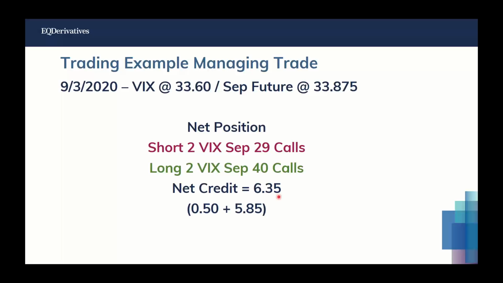What I'm actually going to do is go back and replicate that, basically put together a rules-based situation where I put together a broken wing butterfly based on certain criteria for each of the strikes and manage it based on a rule as well, and just see how it worked over time. And I do know that there will be some instances where it really got run over.